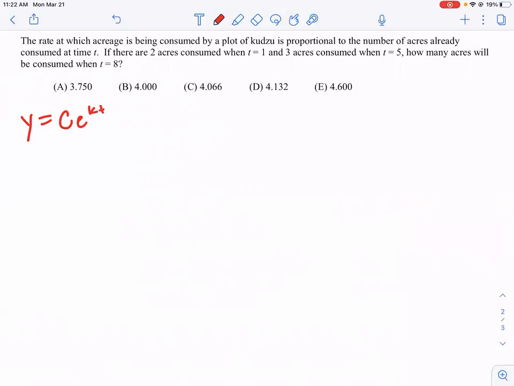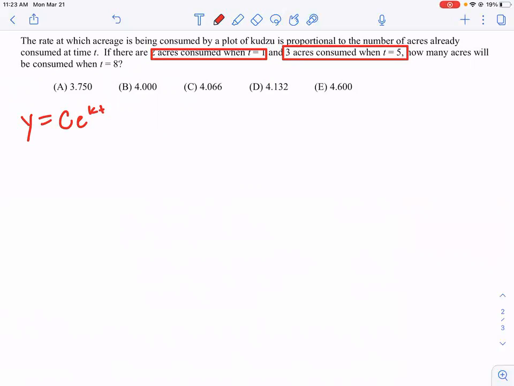We know that at t equals 1, 2 acres are already consumed. And at t equals 5, 3 acres are consumed. How many acres will be consumed when time is 8? I don't even care if it's hours, minutes, days, years.